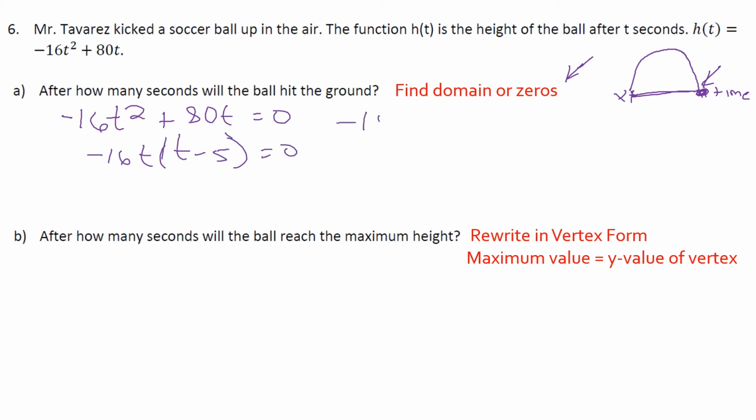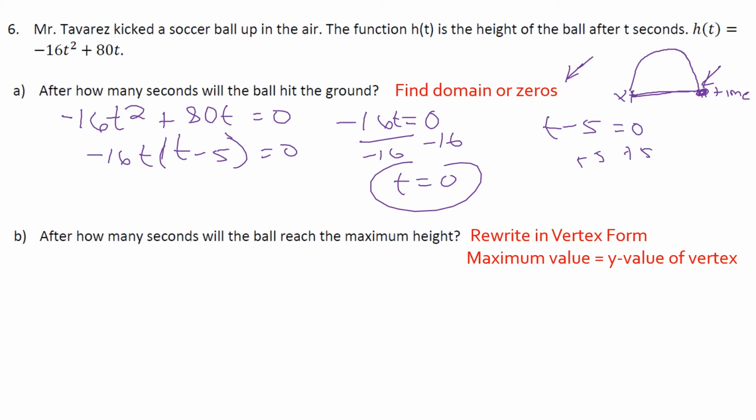Set each one equal to 0. -16t equals 0. Divide by -16. t is, of course, 0. And then t minus 5 equals 0. So add 5. t equals 5, which is the one we want. And so it would be here, 5 seconds.